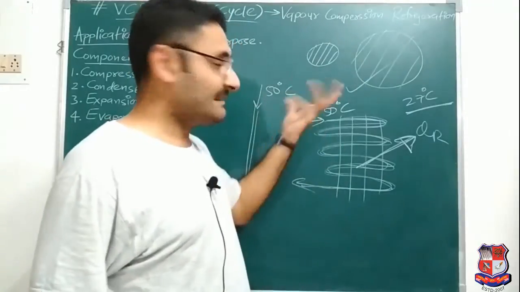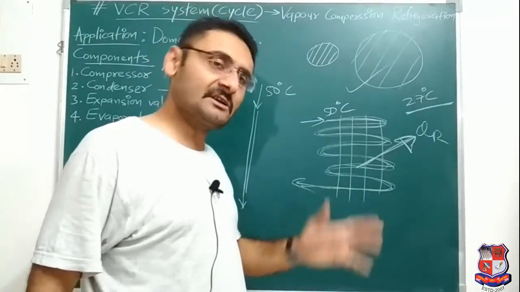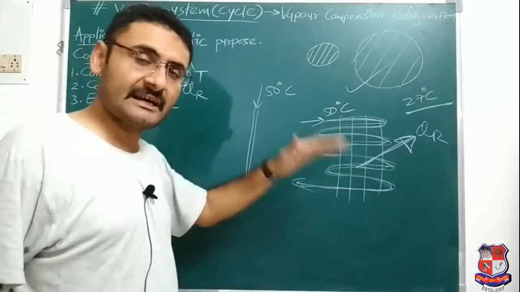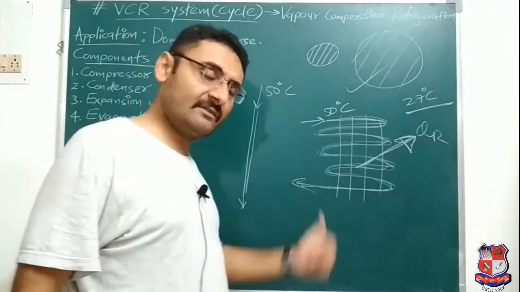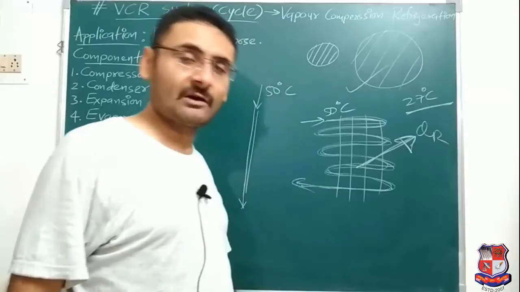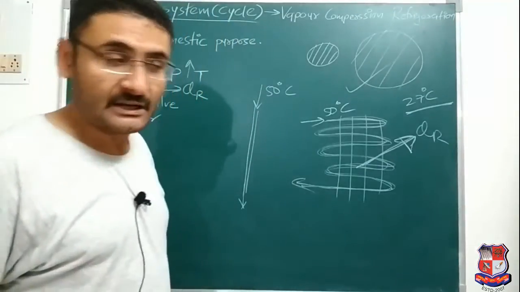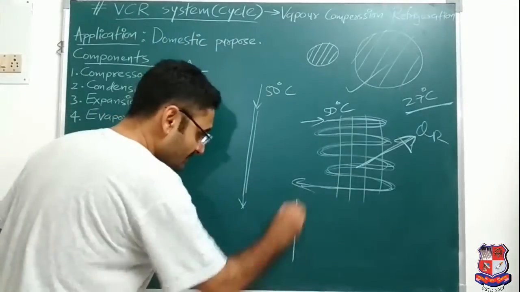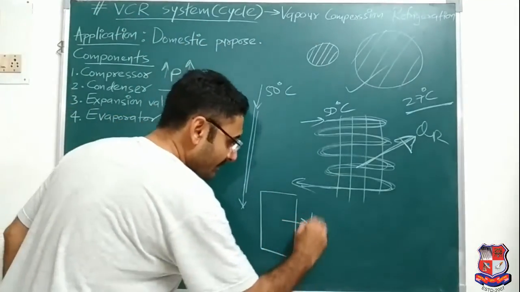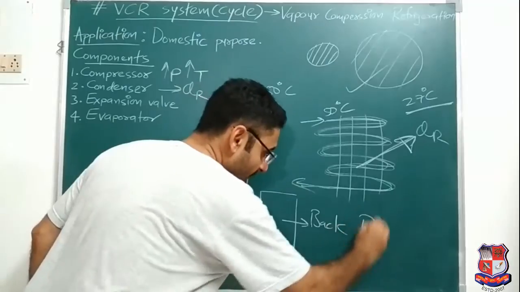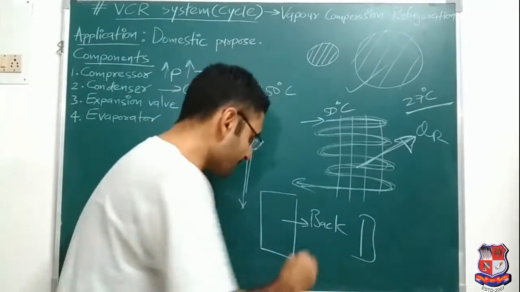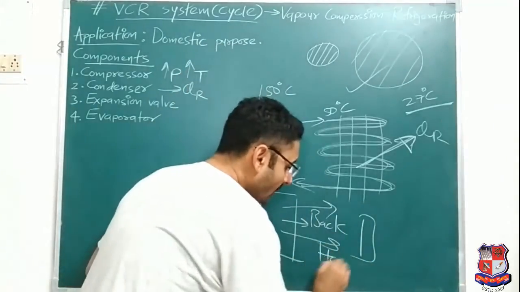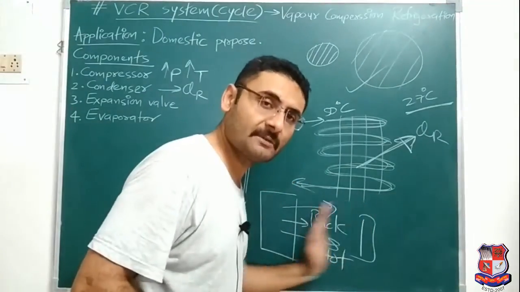Acha. Now that is an example of what? The condensation process, in which heat is rejected and low temperature is maintained, which is located at the back side of your fridge. Now at the back side, if you keep your hand at some distance, suppose that is your fridge and that is the back side, and over here you put your hand, what happens? You can feel some hot air coming from the back side.